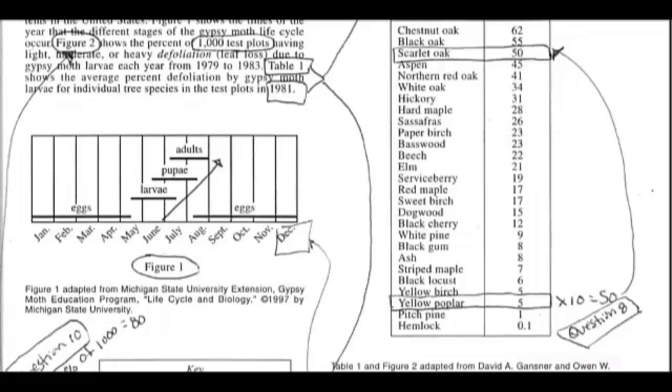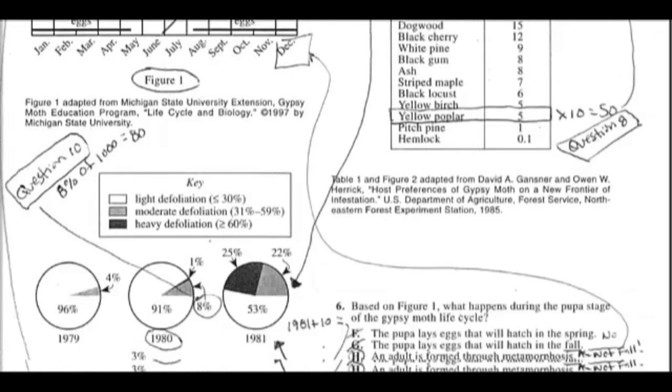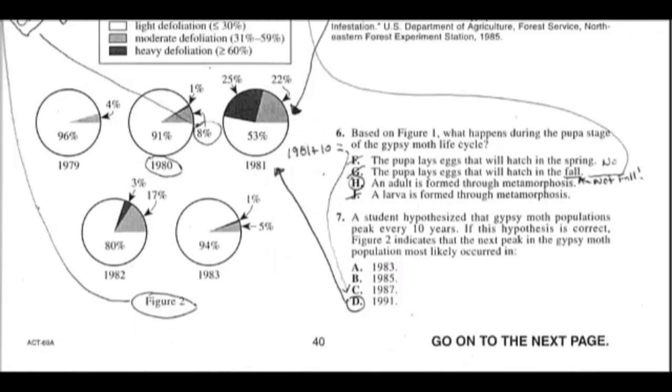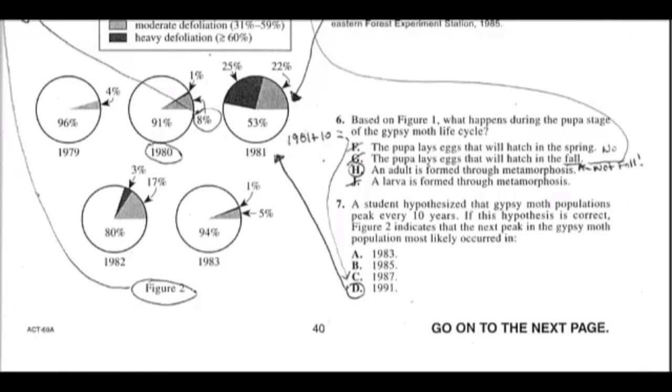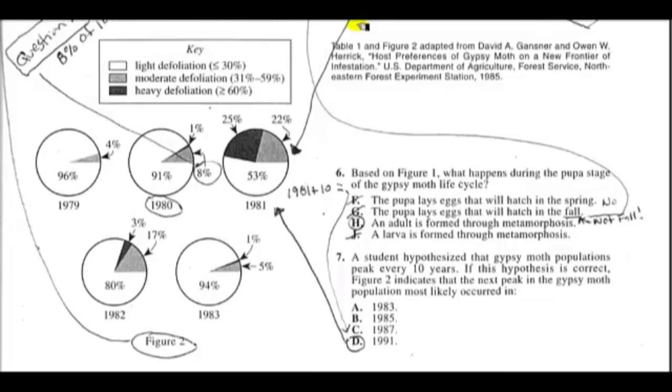Well, if you look in the rest of the passage, if you combine the results with figure 2, you will see in the key that it gives you a definition of what the author thinks light deforestation is, moderate, and heavy deforestation. So right here it tells us that light deforestation is less than 30%.